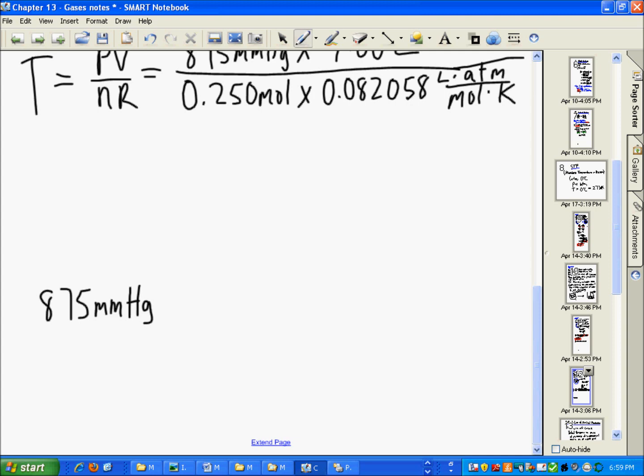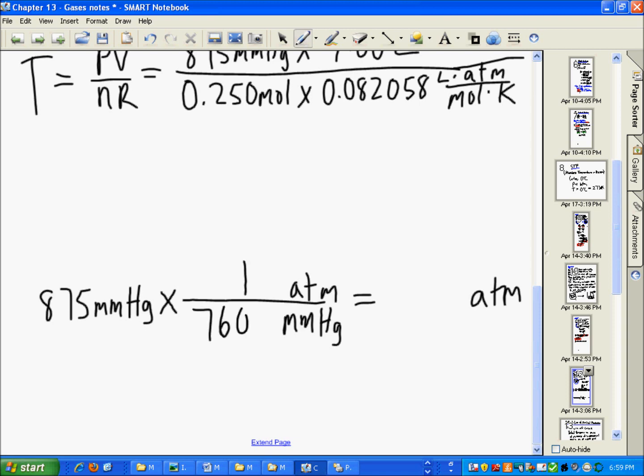And it turns out that we need millimeters of mercury on the bottom. We need atmospheres on top because we want atmospheres. And there are 760 millimeters of mercury in 1 atmosphere.